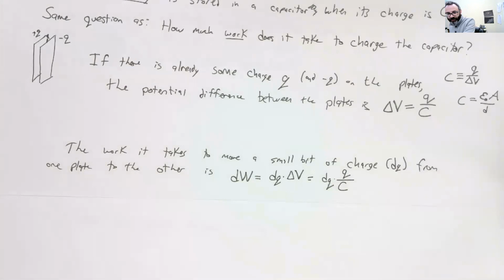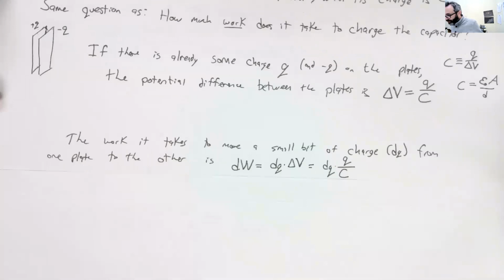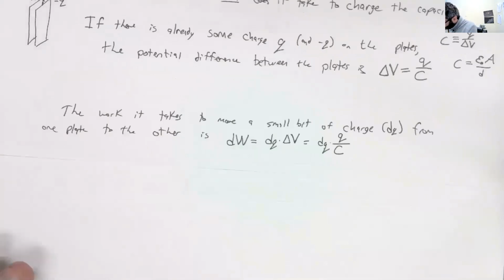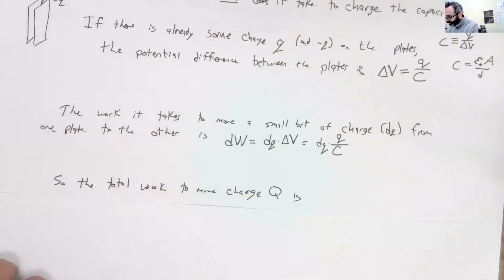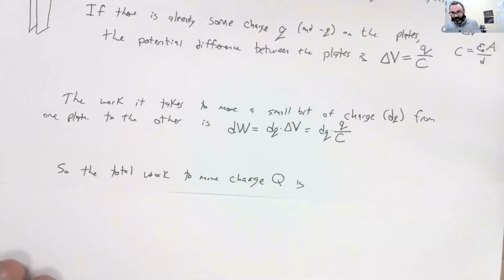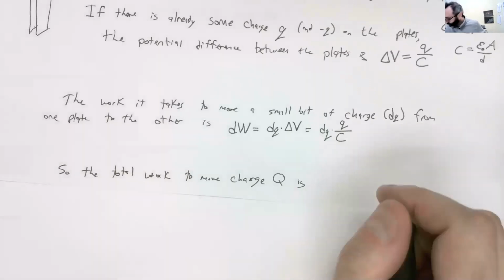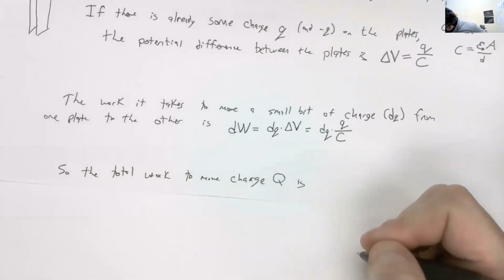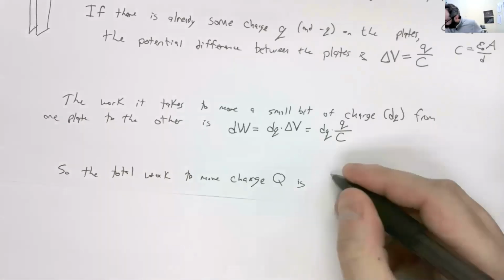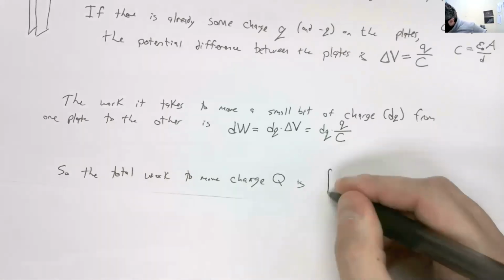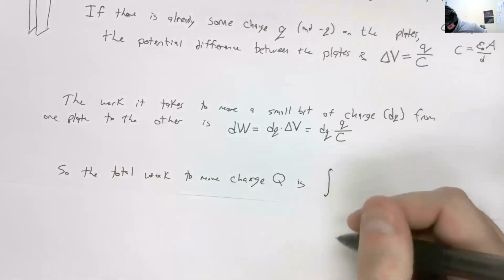Because now that we know how much work it takes to move one piece of charge, we can figure out the total work it's going to take. The total work to move all that charge Q is going to be the sum of each little piece of work to move a little piece of charge. And when we're talking about infinitesimally small pieces of charge or work, we make that sum into an integral.